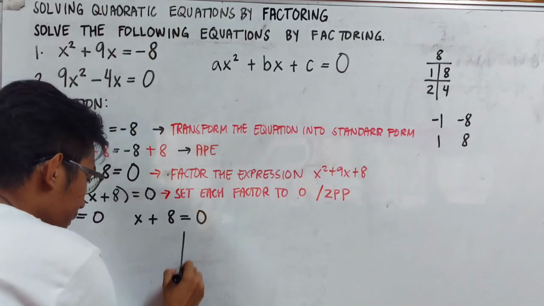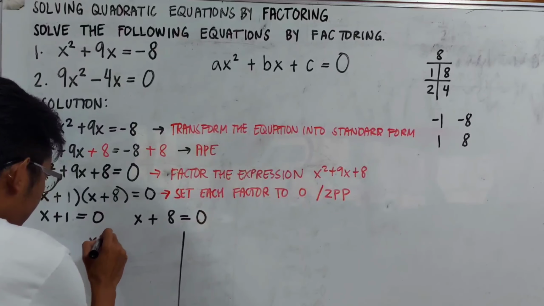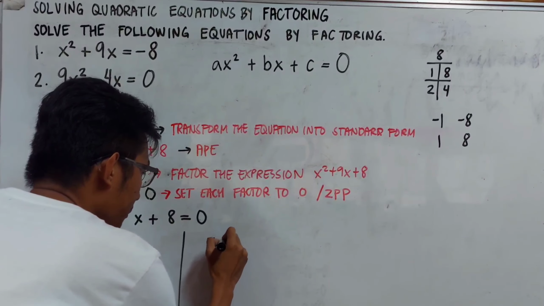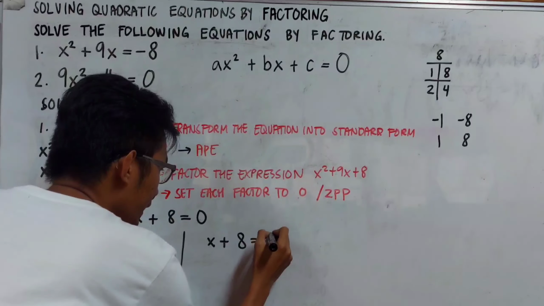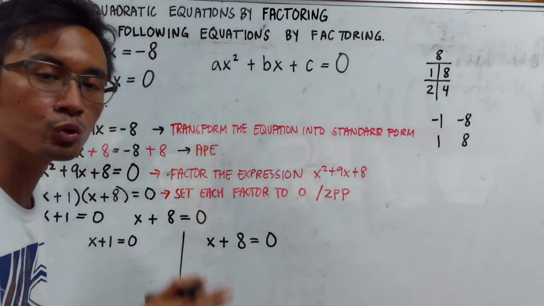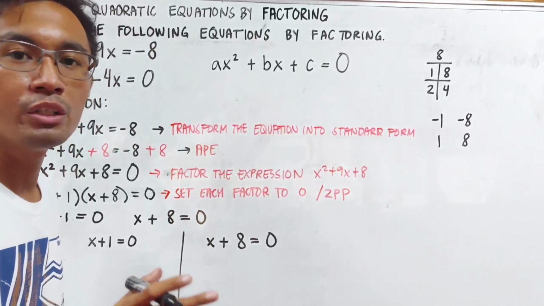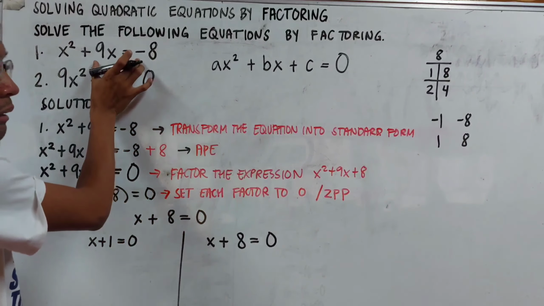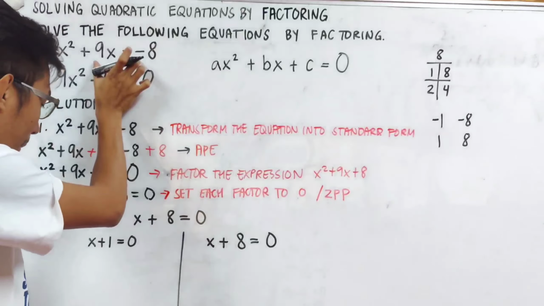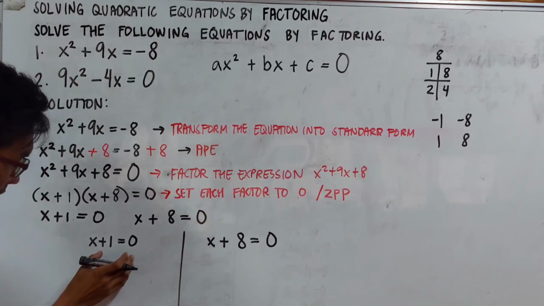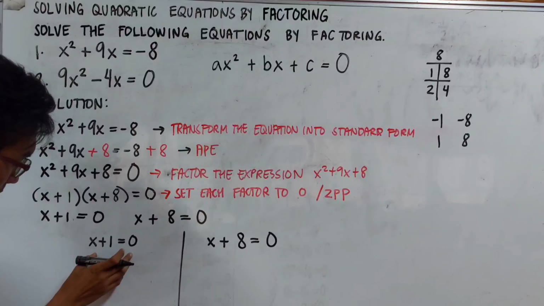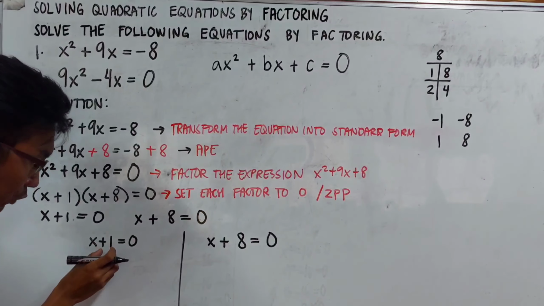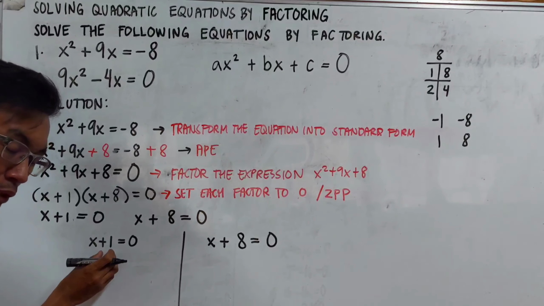We have now x plus 1 equals 0, and then we have now x plus 8 equals 0. Kukunin na natin yung solution or yung root or yung possible value ni x na magsasatisfy dito sa given quadratic equation. Okay. So, para ma-eliminate natin or to solve for the value of x from x plus 1 equals 0, we need to eliminate plus 1 to the left side of the equation.